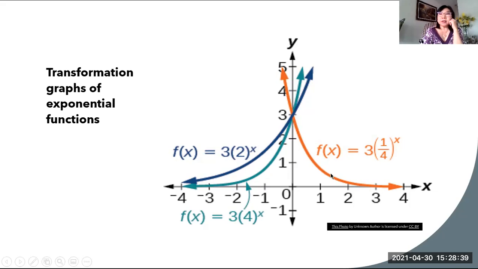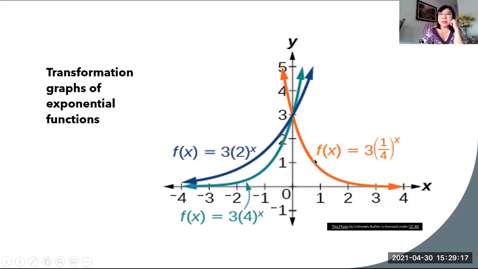Now let's go through the orange function here. The orange function shows the base here is 1/4. So instead of 4/1 like the light blue function, it is reversed to 1/4. It means that we have a negative of x, except because we changed the fraction, we keep it as a positive x. But notice the base here is between 0 and 1, and therefore it is no longer a growth function but a decay function.